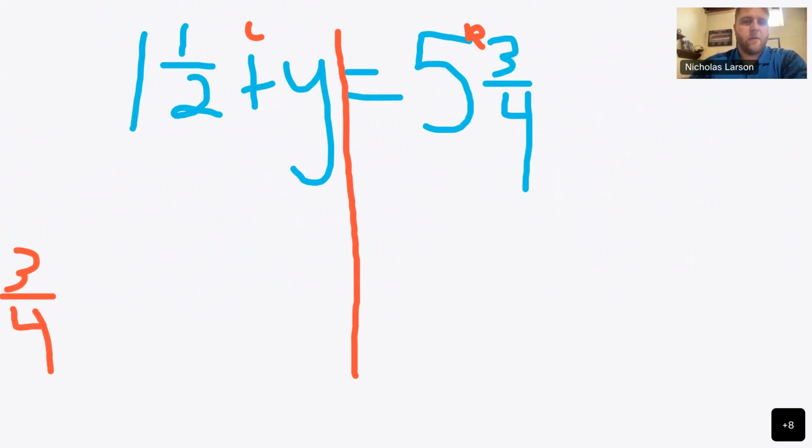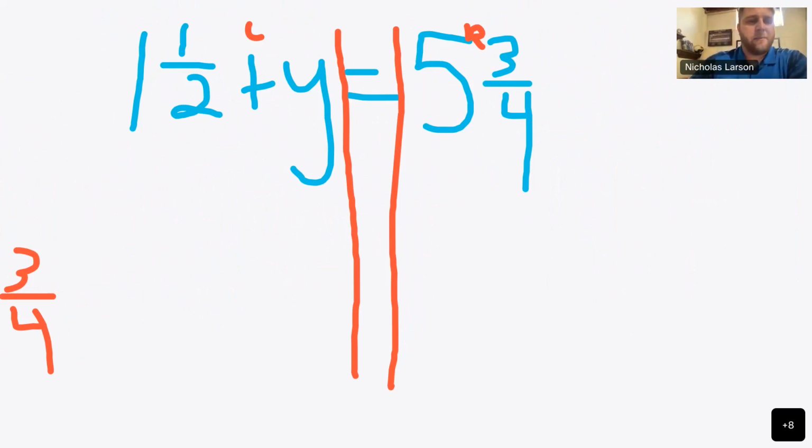All right, so what I have to think about in this problem is, if my goal is to get y by itself, how do I get rid of this positive 1.5? It's just sitting here. So to get rid of this positive 1.5, I have to subtract it.